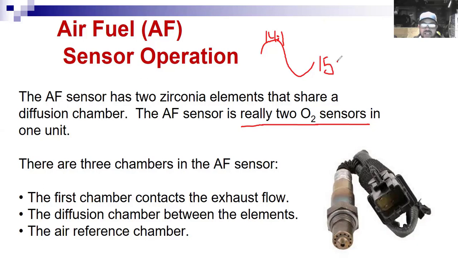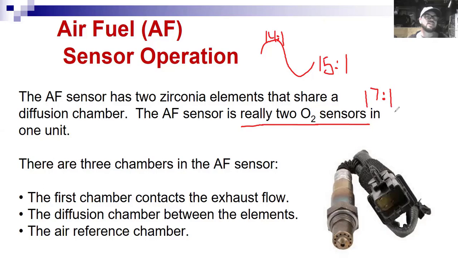Well, it wouldn't necessarily know the difference between 15 to 1 and, let's say, 17 to 1. So the downside of a regular oxygen sensor is he's going to know, hey, I'm richer than stoichiometric or I'm leaner than stoichiometric, but he doesn't know how rich or how lean. The air fuel ratio sensor can tell the computer how rich or how lean.